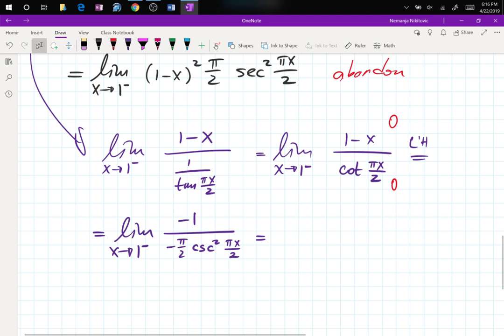Cosecant, guys, cosecant is 1 over sine, right? And sine of pi over 2 is 1. So you have 1 squared. So you have negative 1 divided by negative pi over 2, which is 2 over pi as the limit.